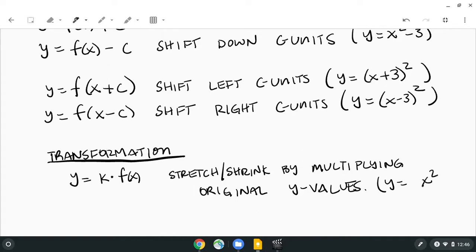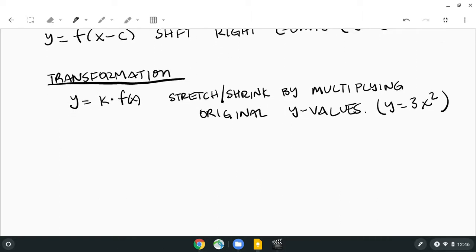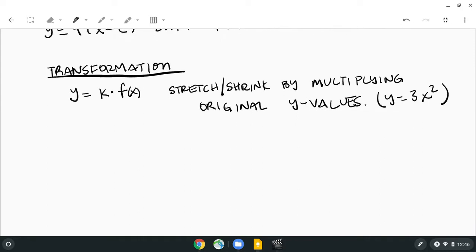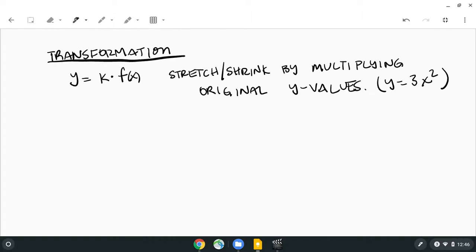So whatever parent function you have, and you're multiplying by something. Okay, so here you would multiply all of the original y values by 3, and we'll take a look at that. Okay, so I won't graph this one, but I'll show you how this works.